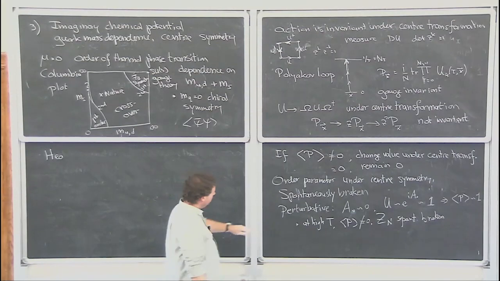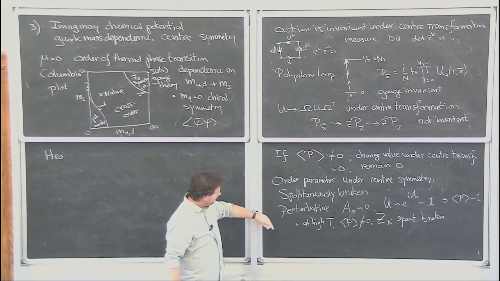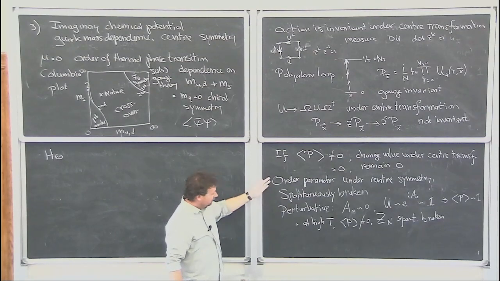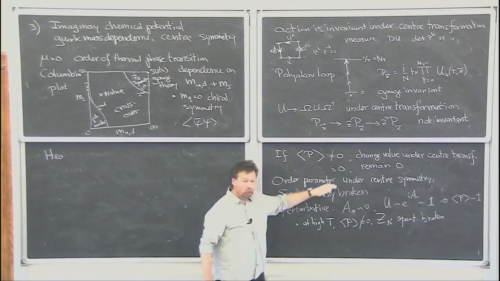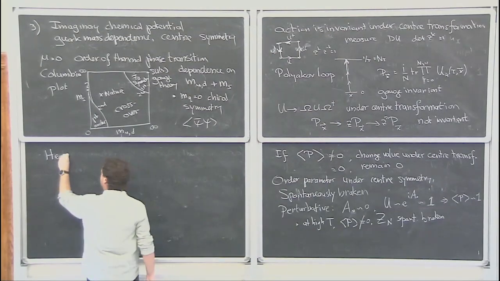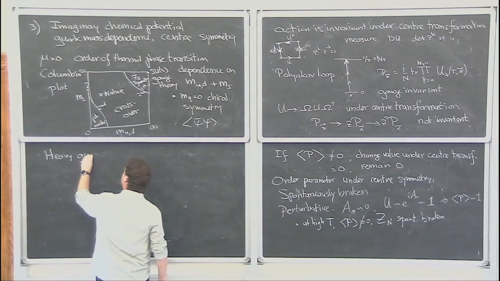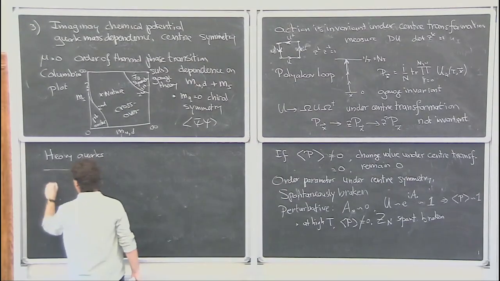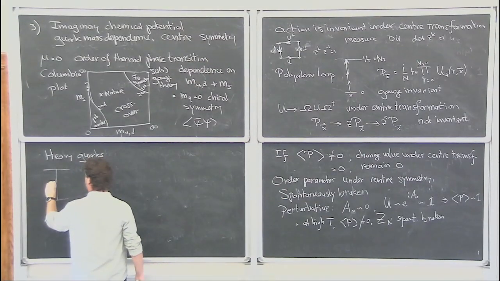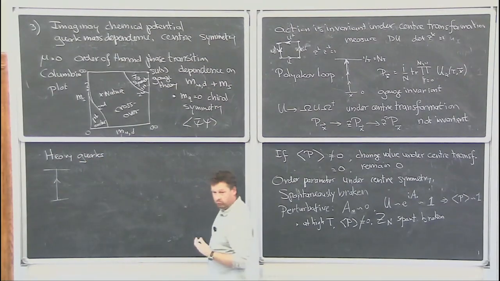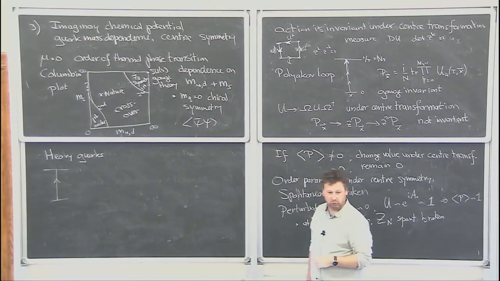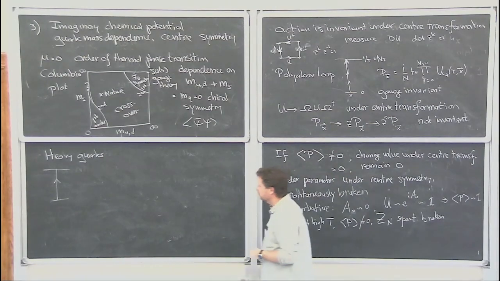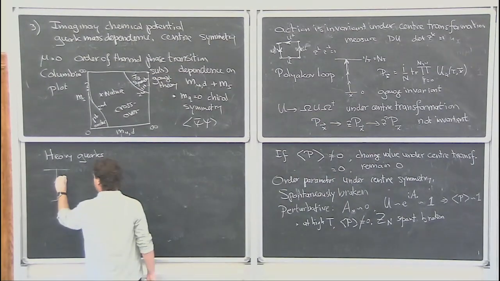So to make this a little bit more precise in terms of center symmetry being broken spontaneously at high temperature, and I haven't told you yet, but it's unbroken at low temperature, we have to link the Polyakov loop with heavy quarks. Because what is this Polyakov loop? It's essentially the world line of an infinitely heavy quark, a static quark.